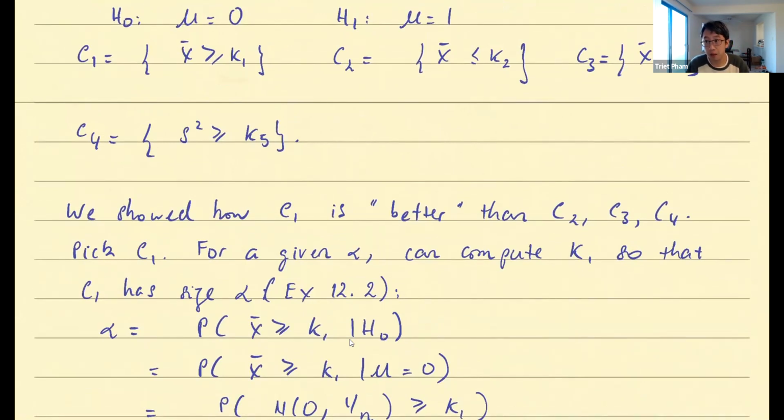It's completely abstract. I mean, your boss tells you to come up with a rejection region. You say, boss, you reject when the sample average is bigger than K. And your boss is like, okay, so what? What's K? Yes, even in conversation, without specifying K, it doesn't make sense yet. Is that okay?